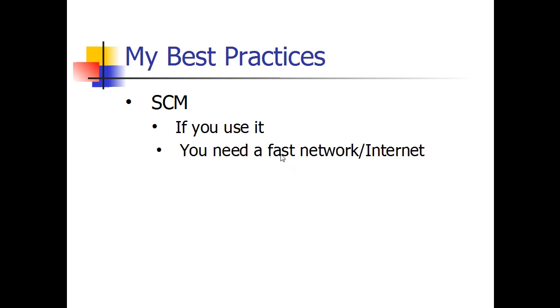One situation where you want to avoid using the SCM is over the internet with a connection that is not fast enough. I tried to do that with a connection that was 1 megabit, and it's really a pain. You're going to end up waiting all the time and having problems reintegrating, timeouts, this and that. This tool works much better if you have a fast connection to the database.